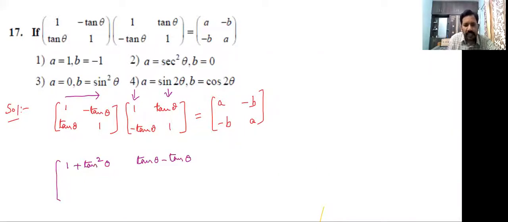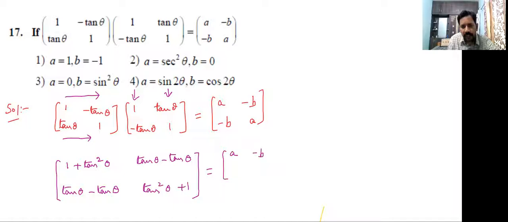Now second row, first column: tan theta into 1, tan theta, plus 1 into minus tan theta, minus tan theta. Second row, second column: tan square theta plus 1. That is equal to [A, minus B; B, A].